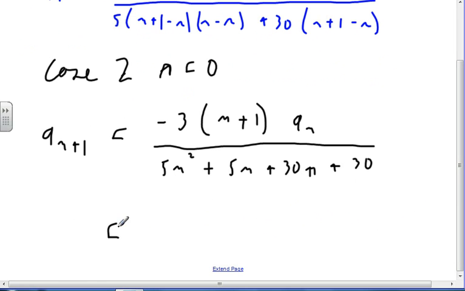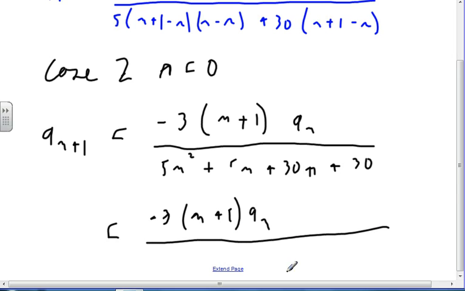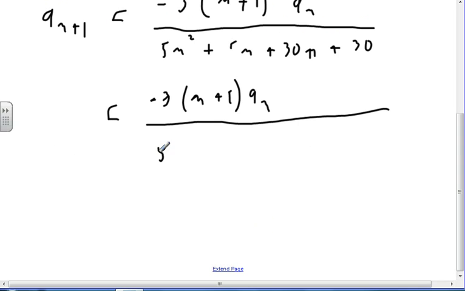Okay, so I've got minus 3 n plus 1 an, minus 3 n plus 1. Wow. an, and on the bottom I got 5n squared plus 35n plus 30.